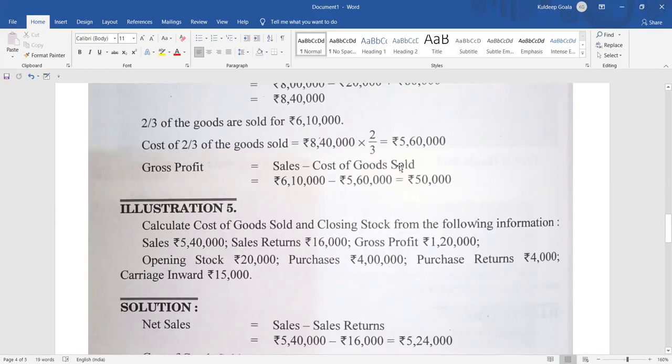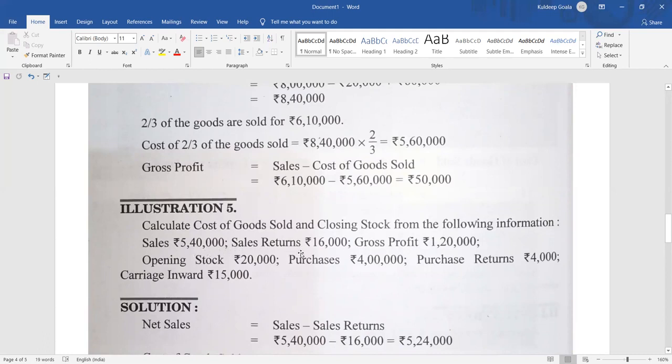If I interchange the equation, bringing the gross profit to this side, cost of goods sold equals sales minus gross profit. Total sales is 5,40,000 and return is 16,000, so that will be deducted and the net sale will be 5,24,000.